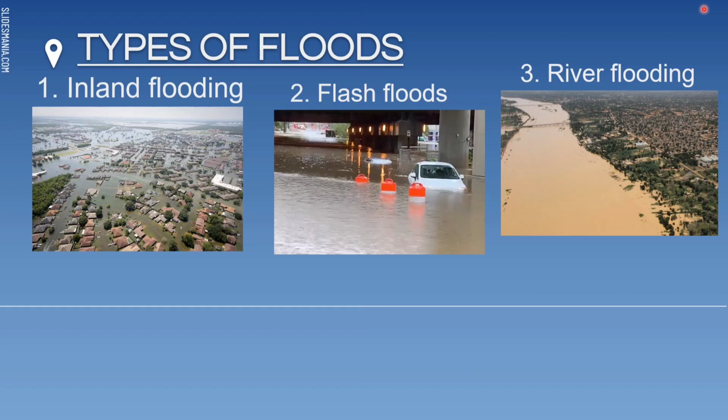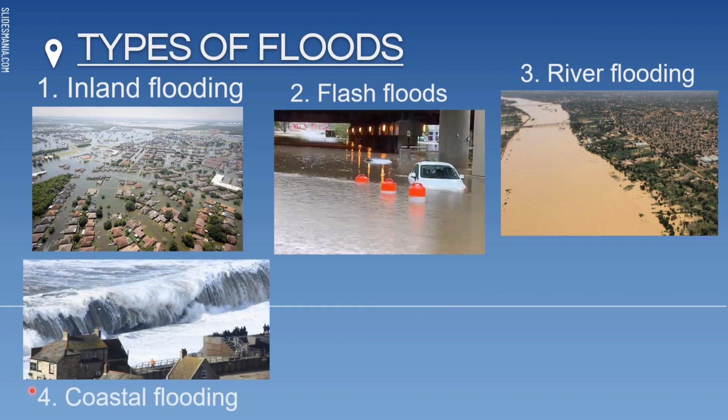And then we also have river flooding. It occurs when water levels in rivers, lakes, and streams rise and overflow onto the surrounding banks, shores, and neighboring land. We also have coastal flooding. From the word coastal, this is the inundation of land areas along the coast by seawater.